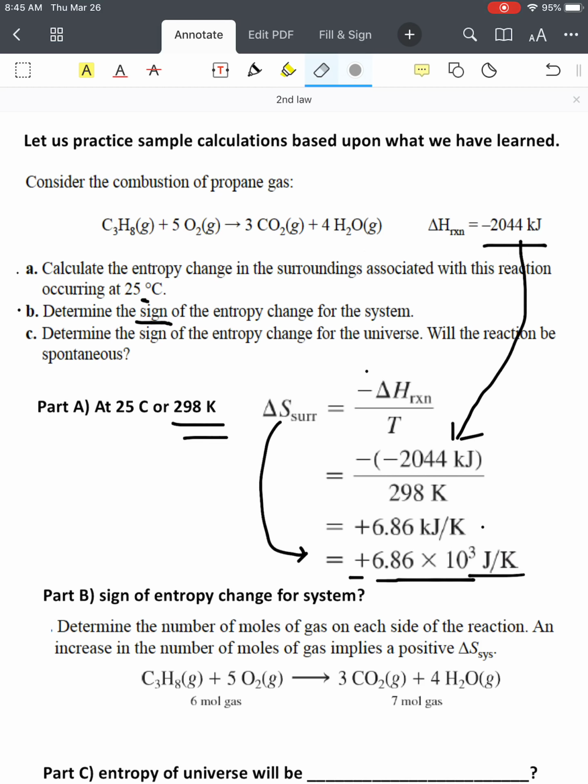My delta n gas moles is +1, right? So I'm making more moles of gas throughout this process. That should lead to an ability to distribute my energy better. That's going to lead to a delta S for reaction that's got to be a positive number. It's got to be positive because I'm making more moles of gas, aren't I?